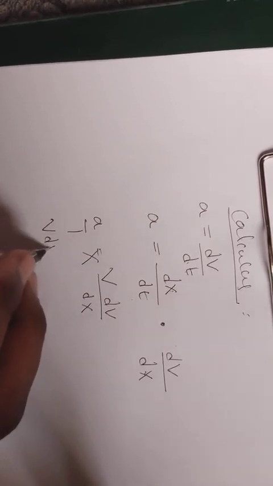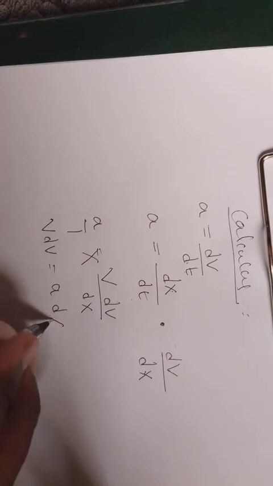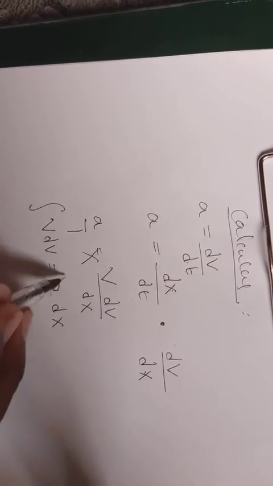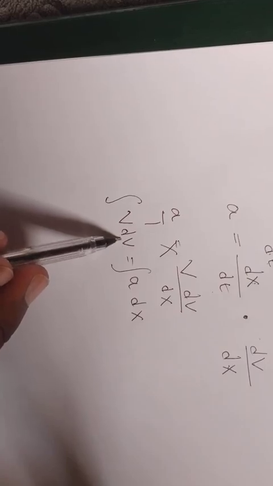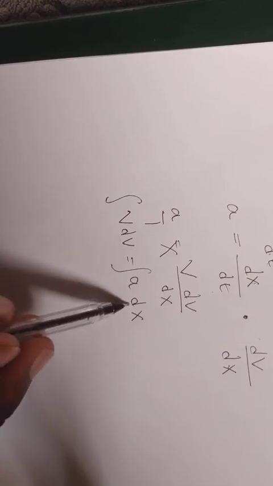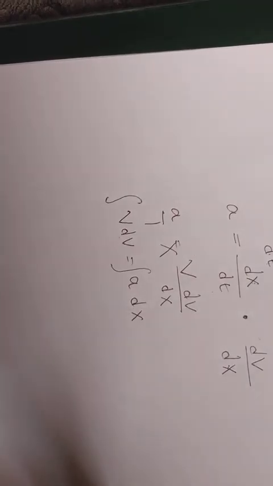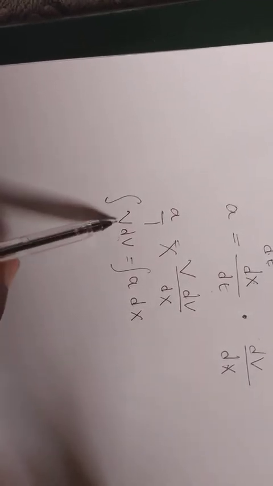So you get v dv is equal to a dx. To get rid of the dv, you introduce the integral on both sides. Here we are focusing on integrating whatever is before the dv, and here whatever is before the dx. Whatever is before the dv here is v.